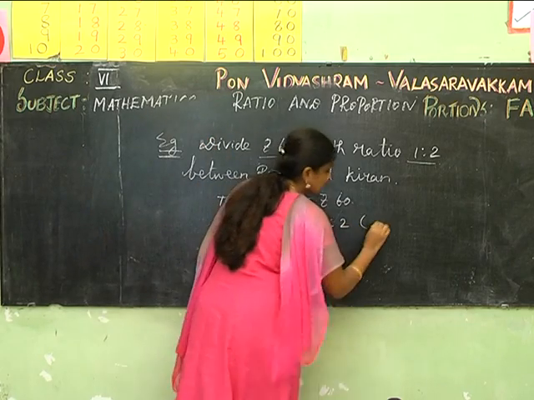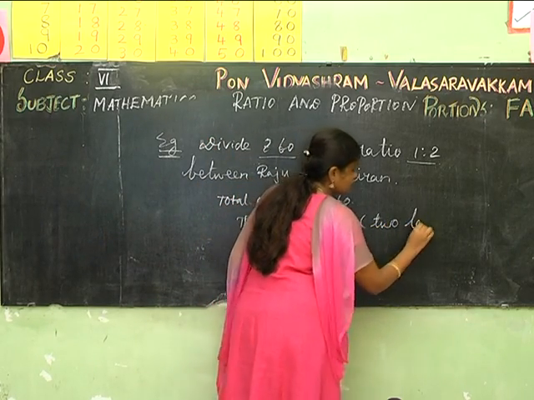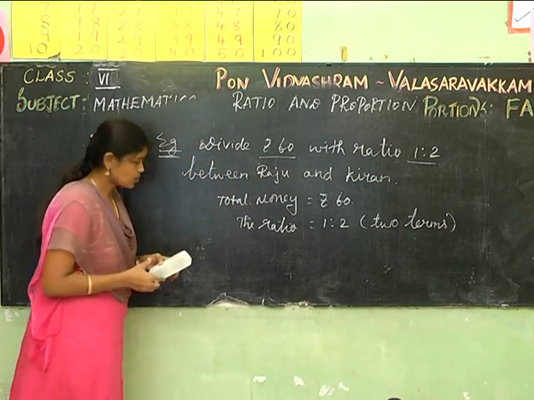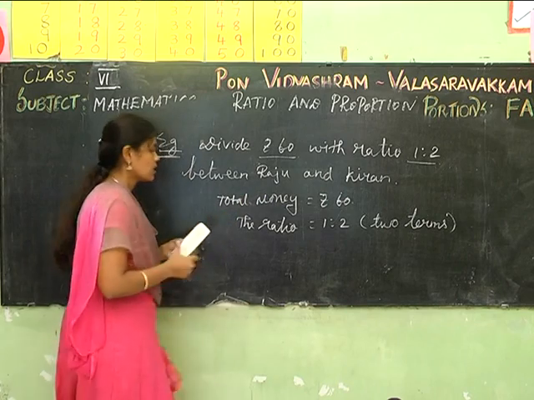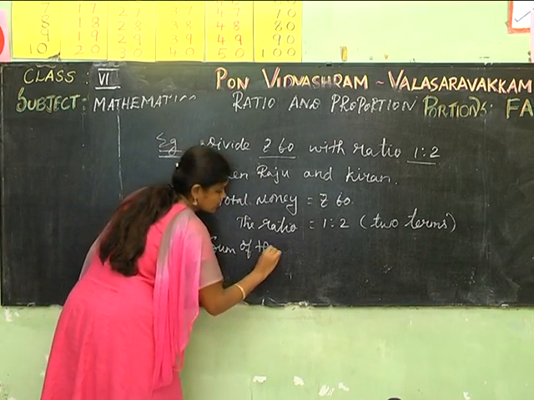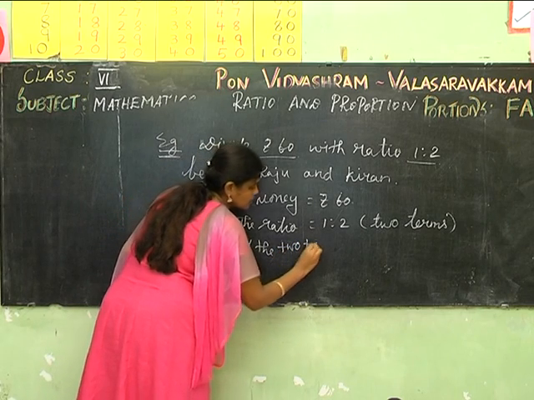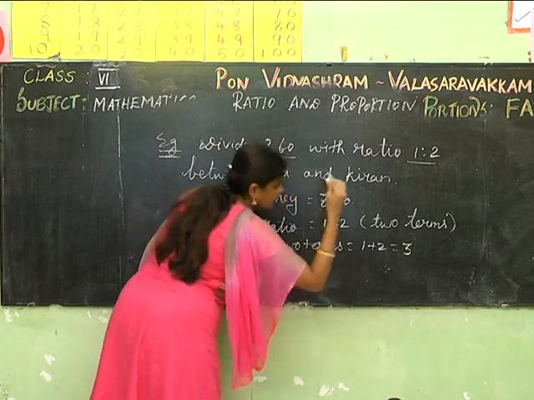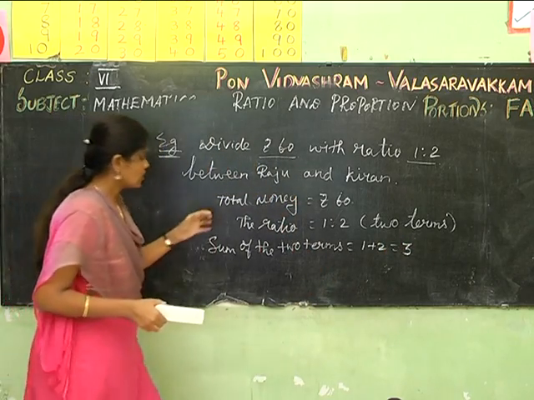So here two terms are there. Now we have to sum the two terms. So sum of the two terms is equal to 1 plus 2. It gives us 3.